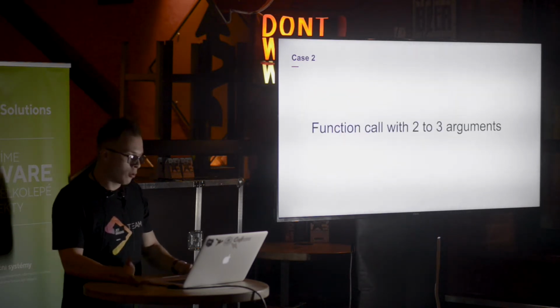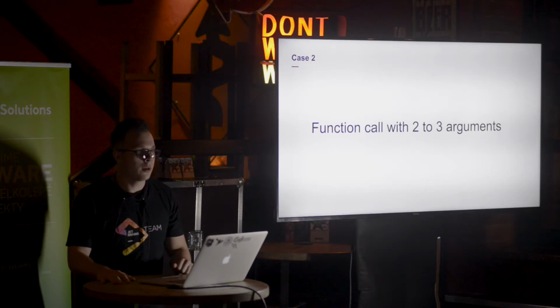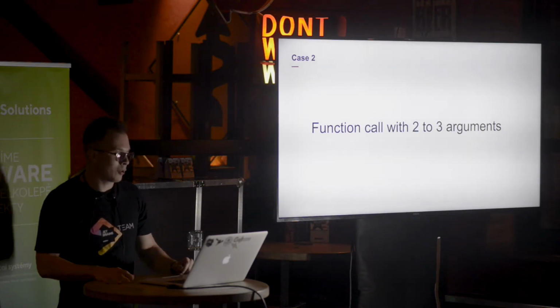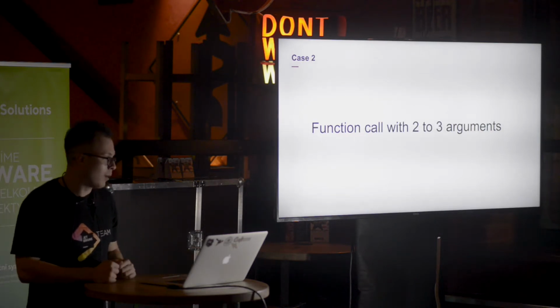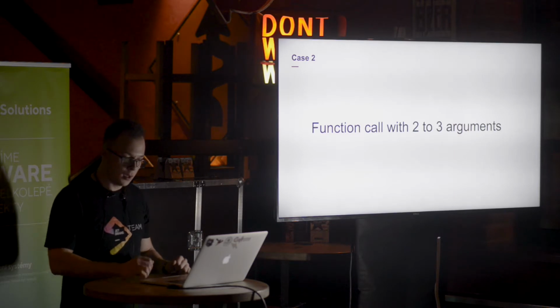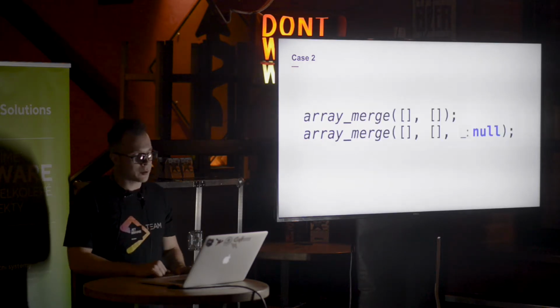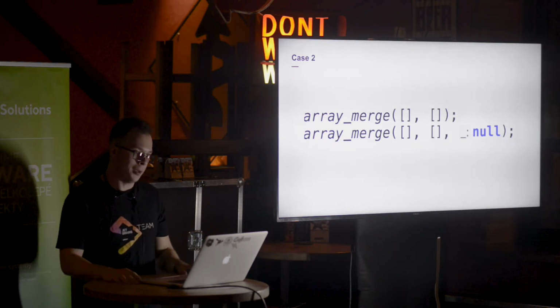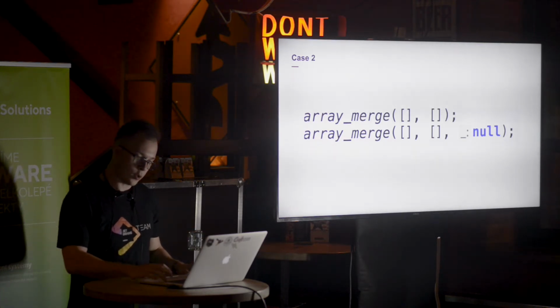Second case, function call with 2 to 3 arguments. So we already tried to find a method call with 0 arguments. So now I want to provide a range of possible values. For example, these 2 cases. So array merge with 2 or 3 arguments.